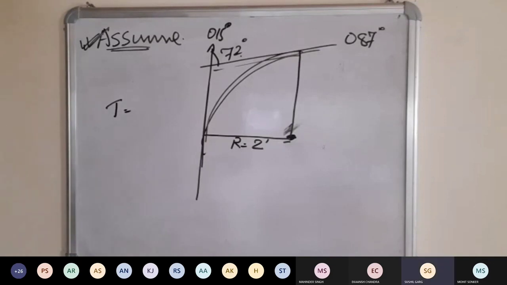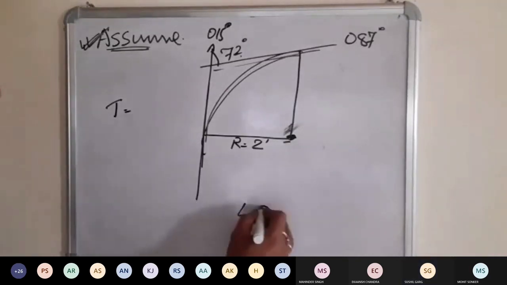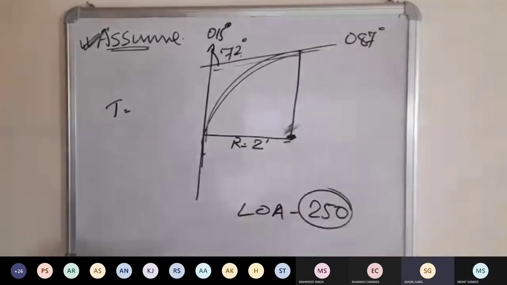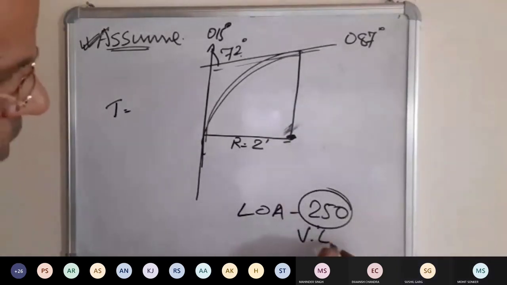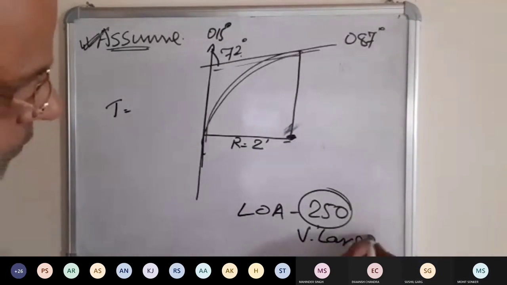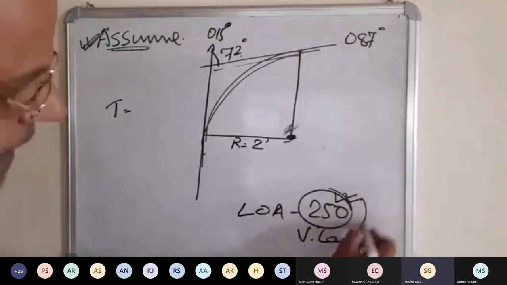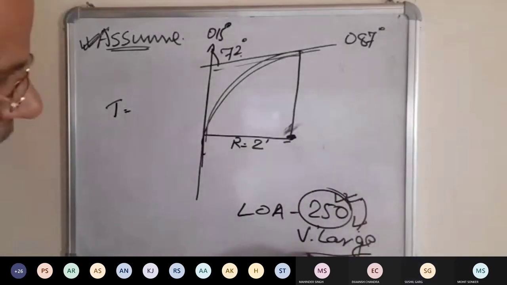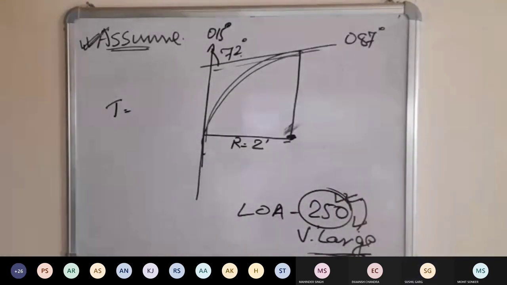Sir, if the value of F is not given, then what do we take? What is the length of the ship? 250 meters. So 0.2. So will you consider this as a very large vessel or not? That is the meaning of giving it. LOA is given; that is an indication of the kind of ship that you are dealing with.